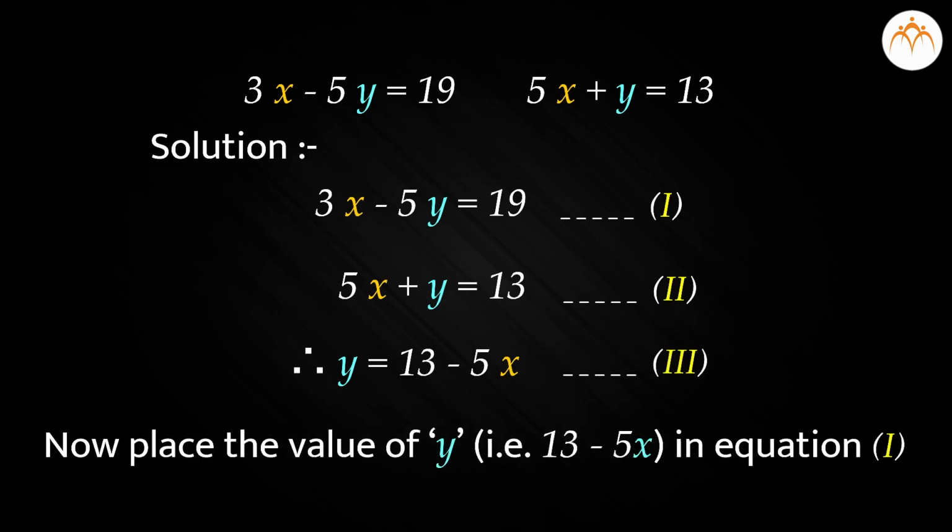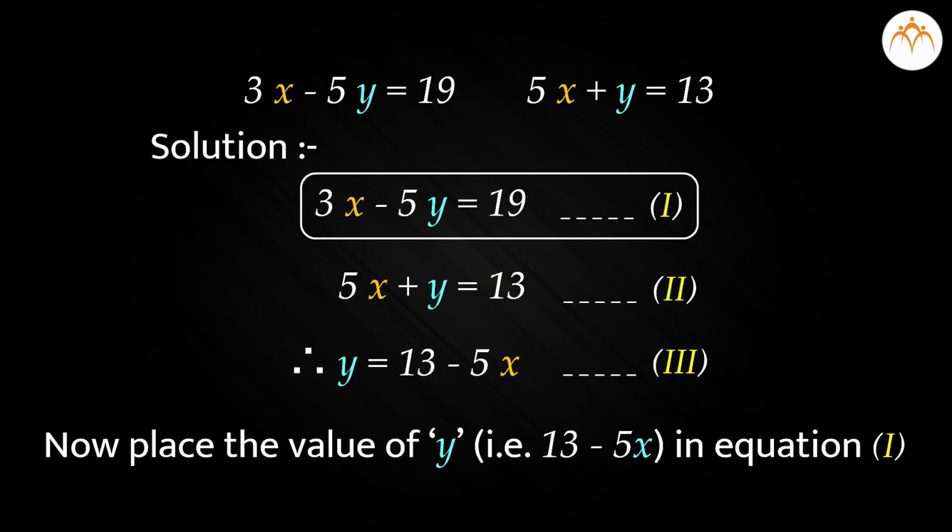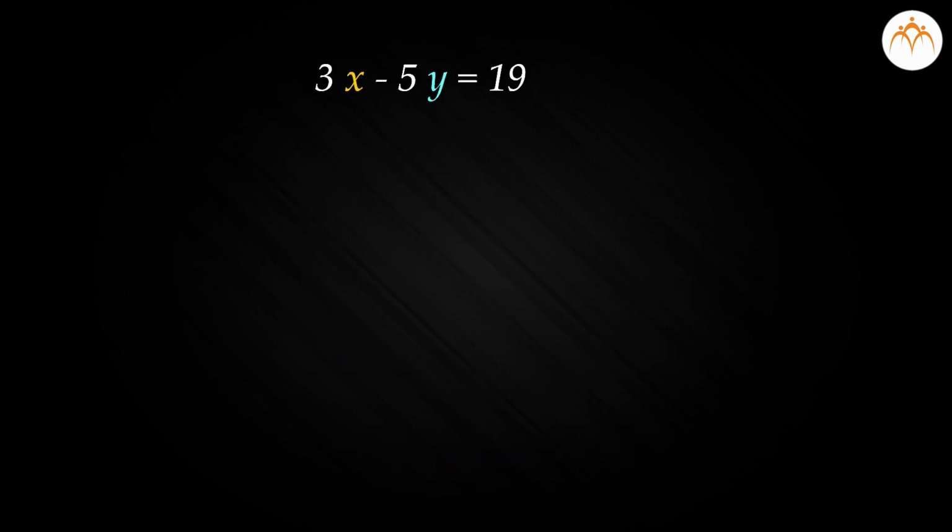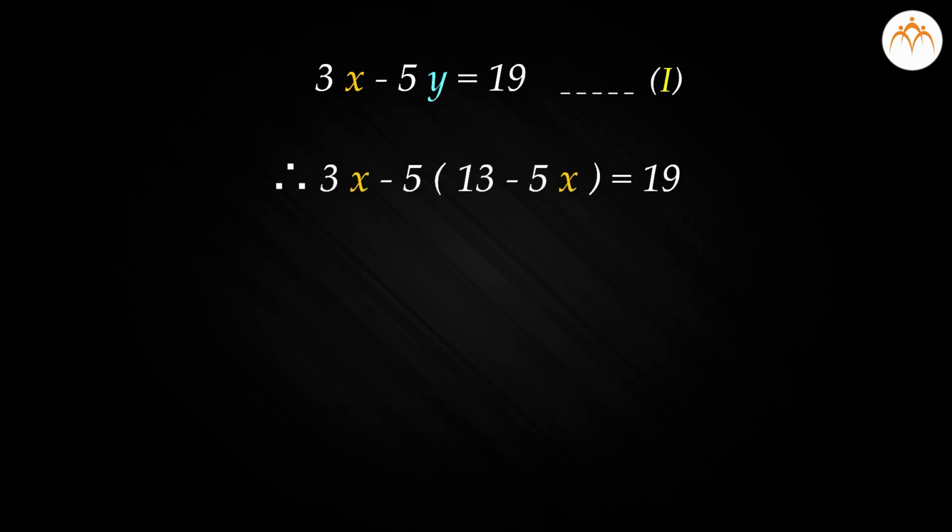Now, let's place the value of y, that is 13 minus 5x, in equation 1. That is 3x minus 5y is equal to 19. Therefore, 3x minus 5 into 13 minus 5x is equal to 19.